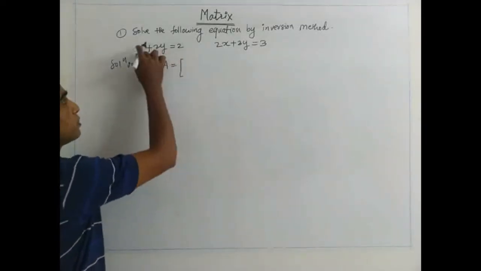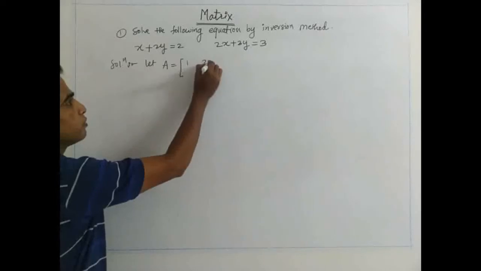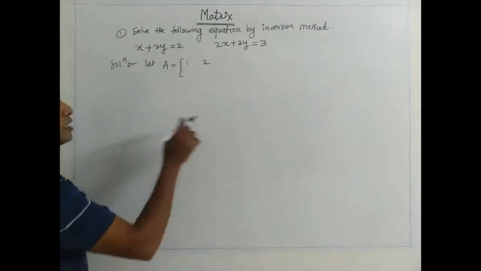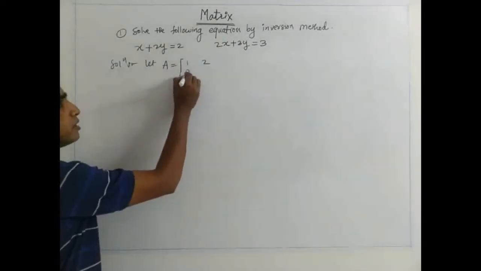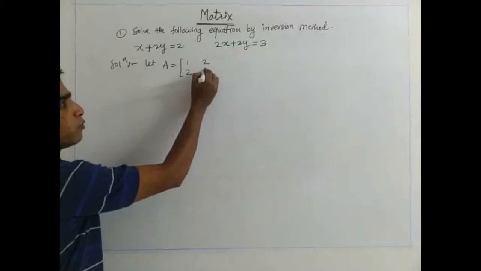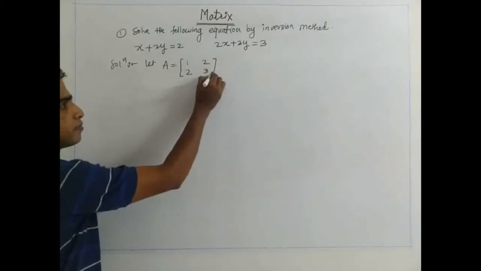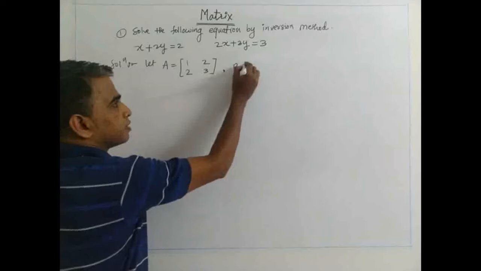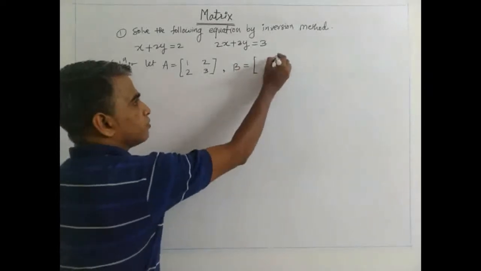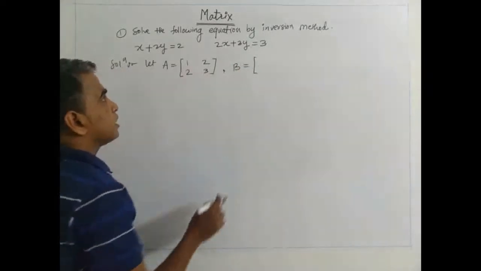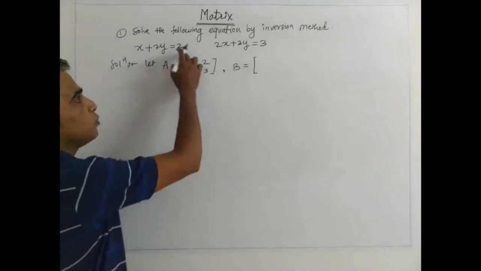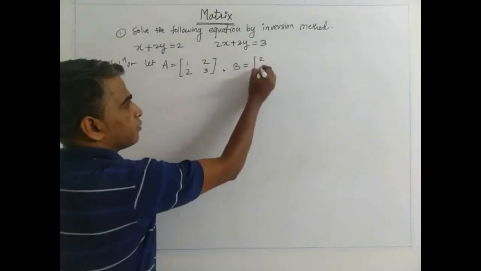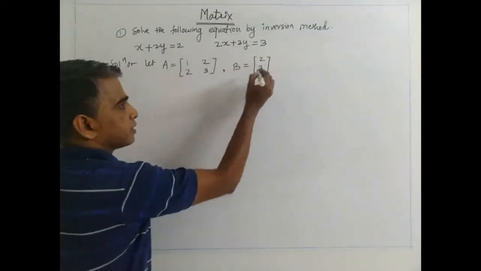For equation number 1, x has coefficient 1 and y has coefficient 2. Similarly for the second equation, x has coefficient 2 and y has coefficient 3. Next, the matrix B is a column matrix of the resultant values, and the resultant values for the equations are 2 and 3, so we write them in a column matrix.